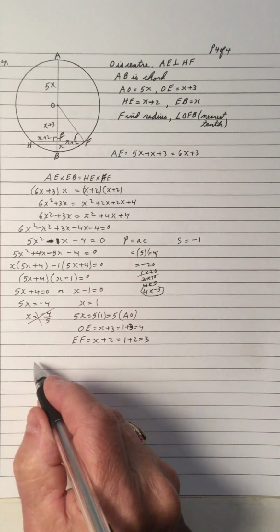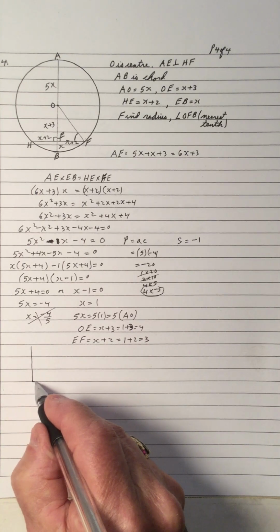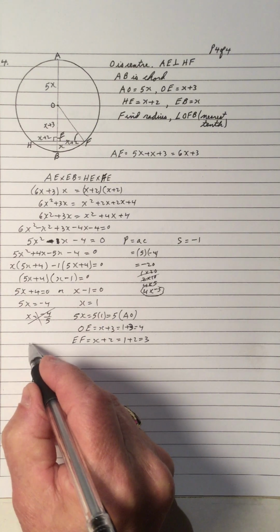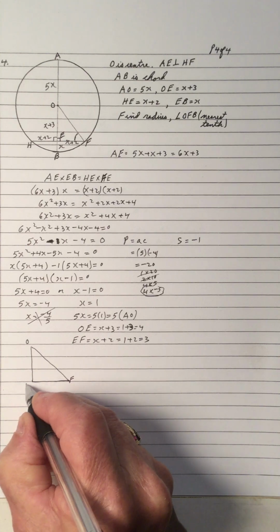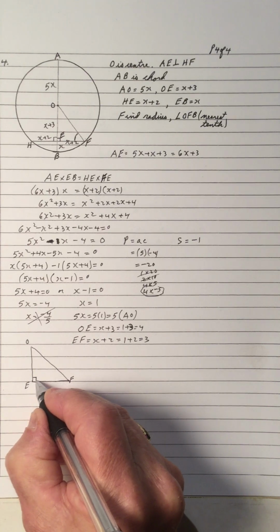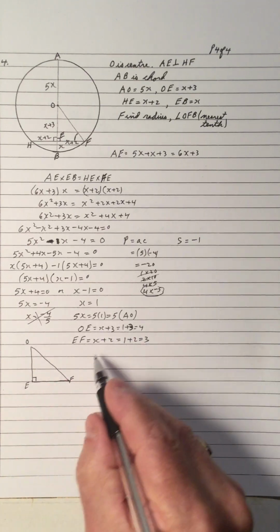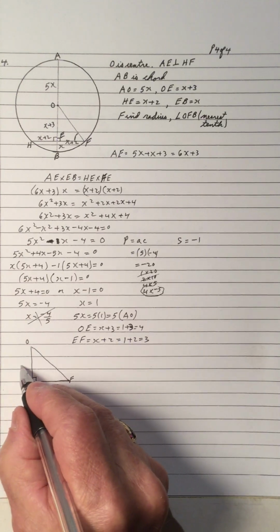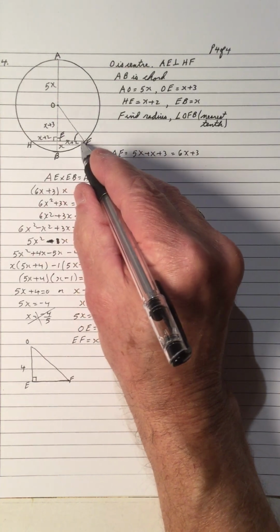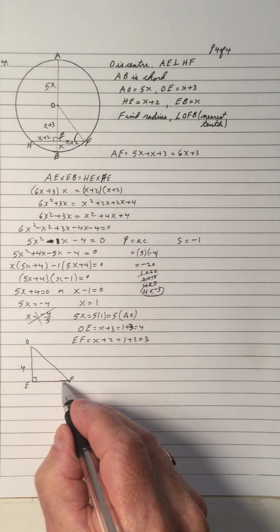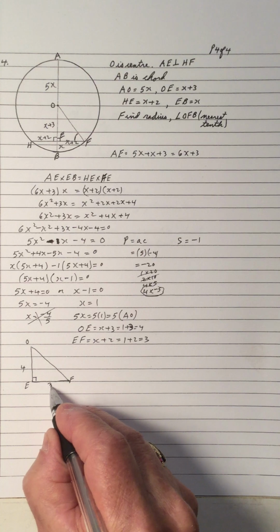So what we have is an O and an F and an E with a right angle. So we have OE is 4 and EF, which is here in this diagram, x plus 2, so that's a 3.